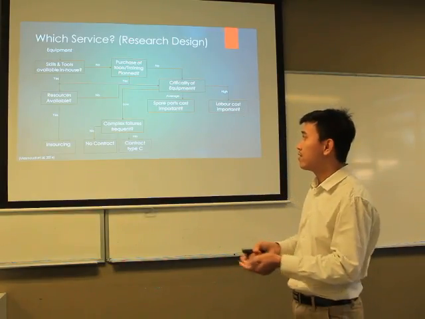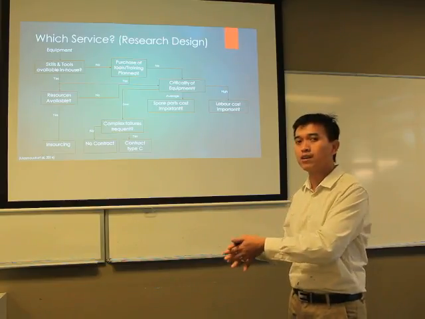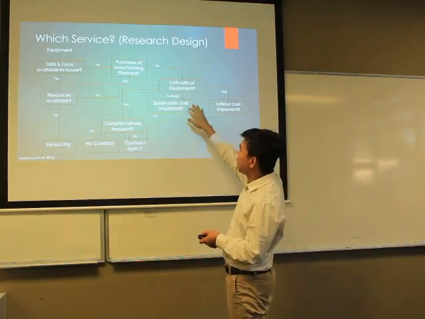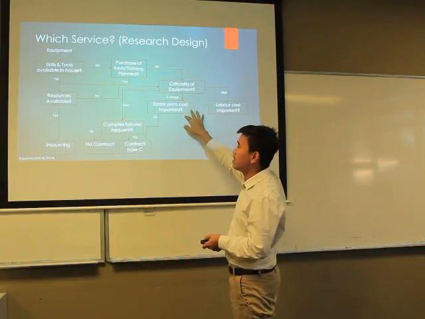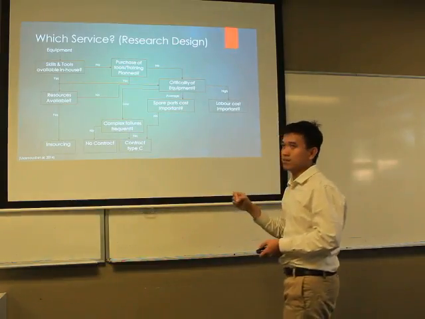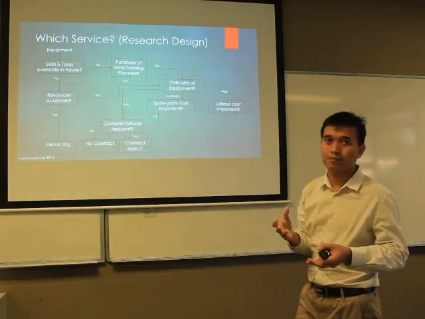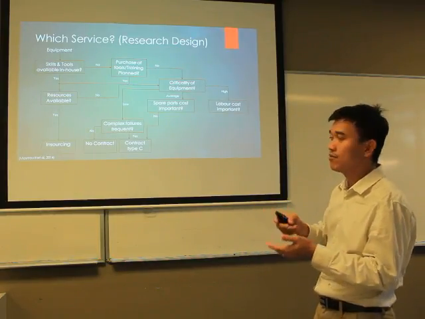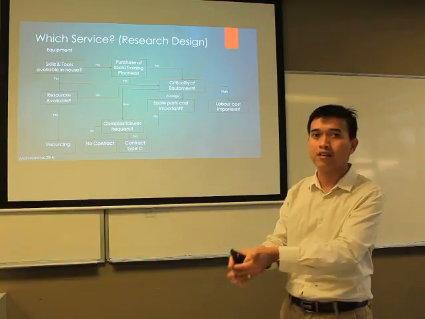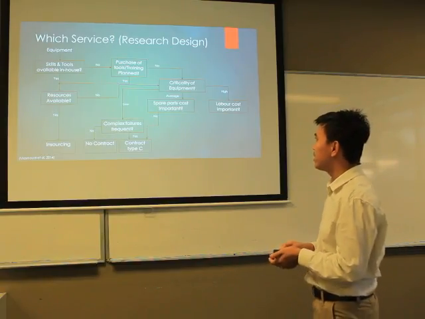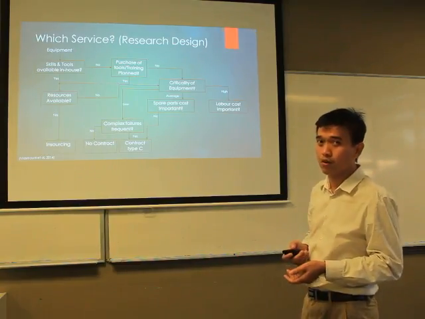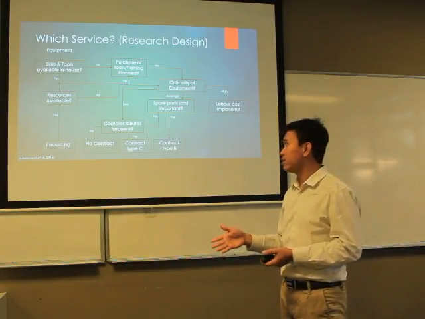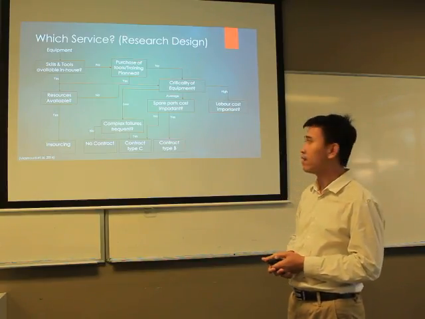If it is yes, we need a contract, and it should be contract type C. When the criticality is average, we need to think of the spare parts cost, and whether it is important or not. If it is not important, then it is classified as contract type C too. And if the spare parts cost is important, then it comes to contract type B.